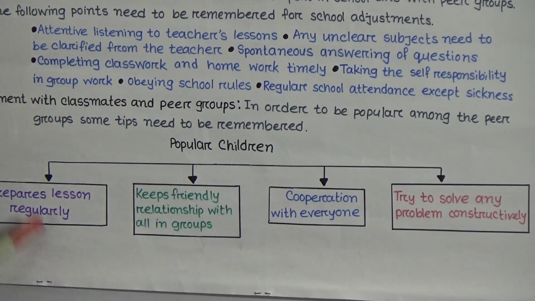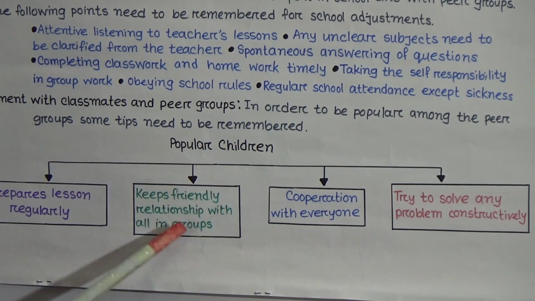Look, first, prepare lessons regularly. A child who wants to be popular must prepare his or her lesson regularly. If you prepare your lesson, your friends will think that you are a good student and will think positively about you, and you will be one of the most respected persons in your group.